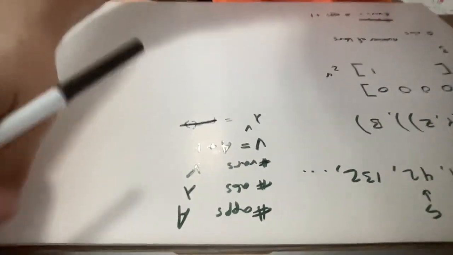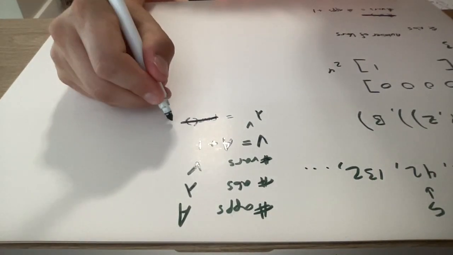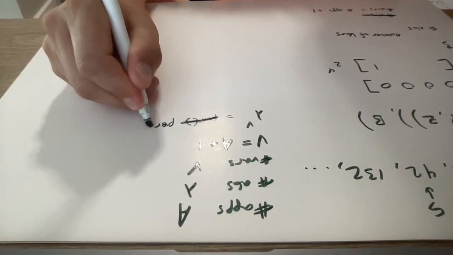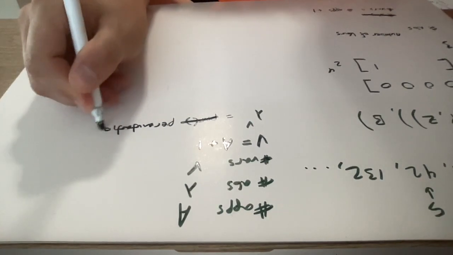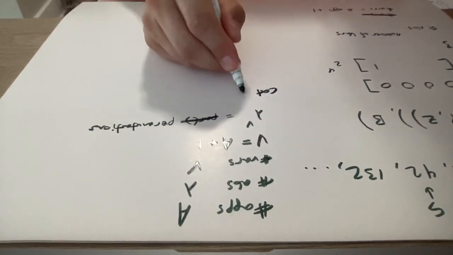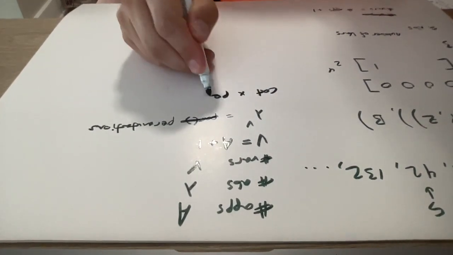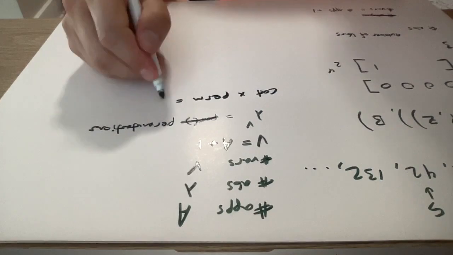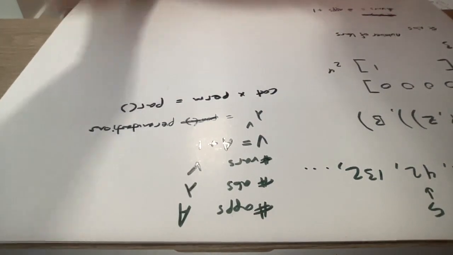Right? So we'll call that permutations. Okay, so the Catalan times permutations equals par, I think.